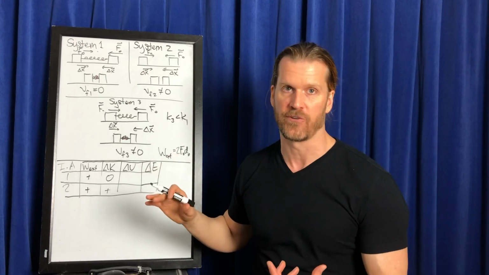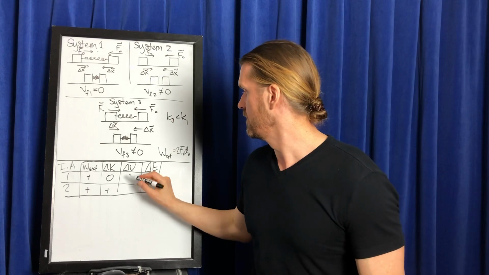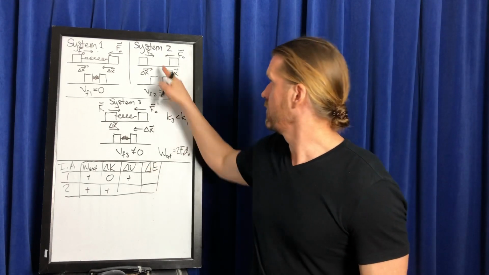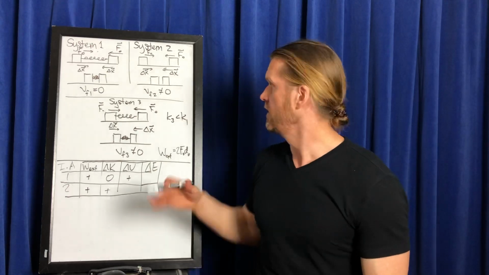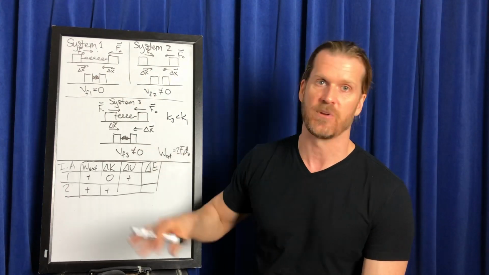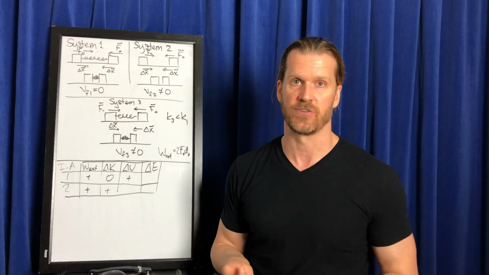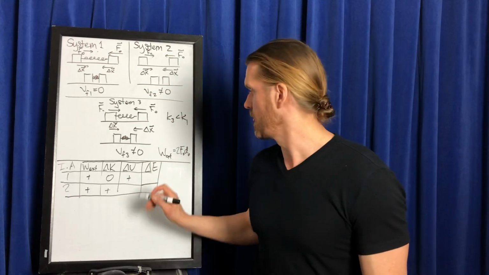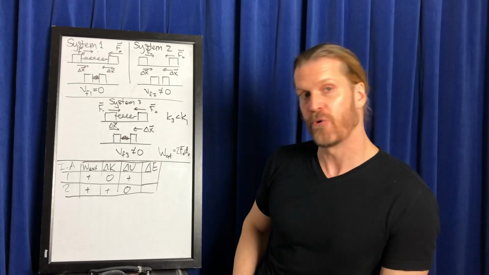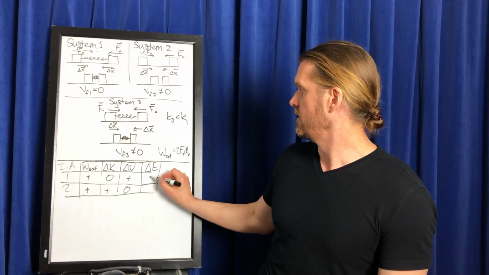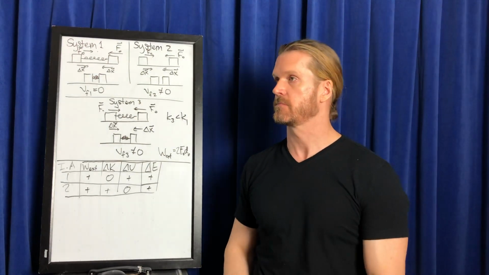The spring starts out at its equilibrium length and it ends up compressed. For system 2, there is no potential energy to worry about. There's no spring involved. And for all of these, the motion is happening horizontally, so there's no change in gravitational potential energy. We didn't even bother writing that down. So the change in the total energy of the system is positive for each of these two cases.